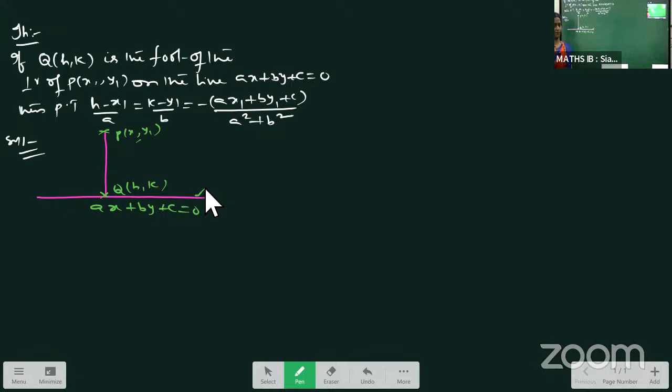Try to understand the question here. P(x1, y1) is your head and Q(h, k) is your foot, and ax + by + c = 0 is the floor.